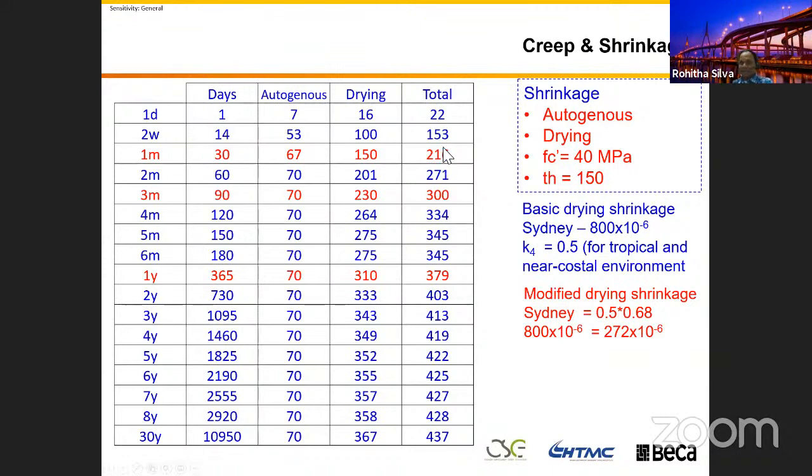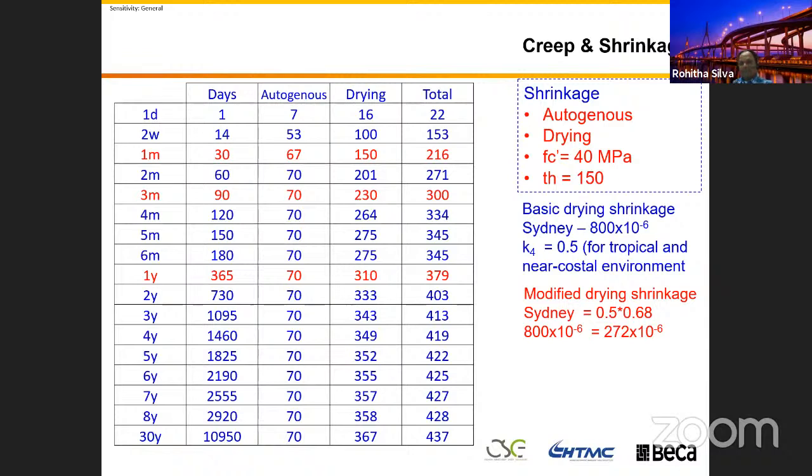They got their numbers and did the designs with all their assumptions, and when they submitted to the client, everybody got shocked. You got that much deflection, creep, shrinkage, a massive effect on your bridge. Anyway, the actual construction won't happen that way.